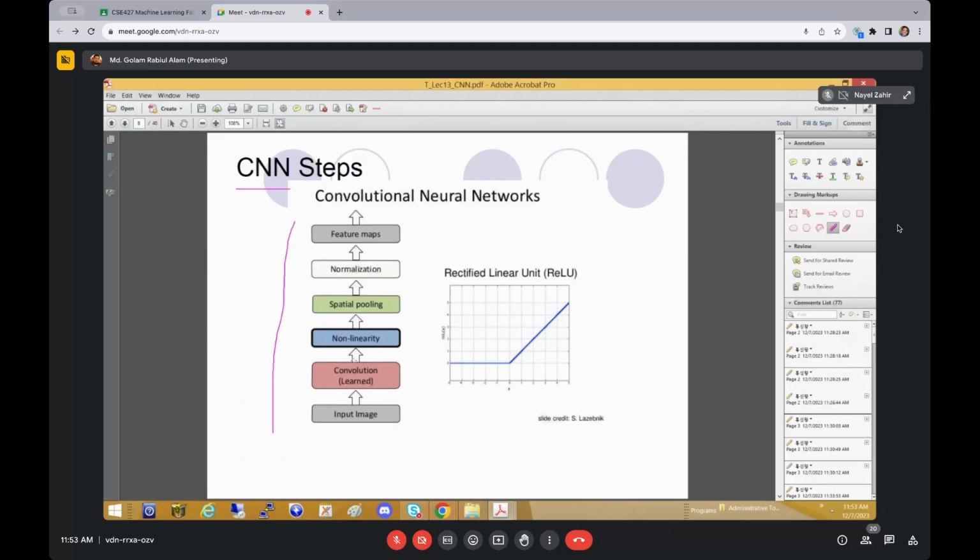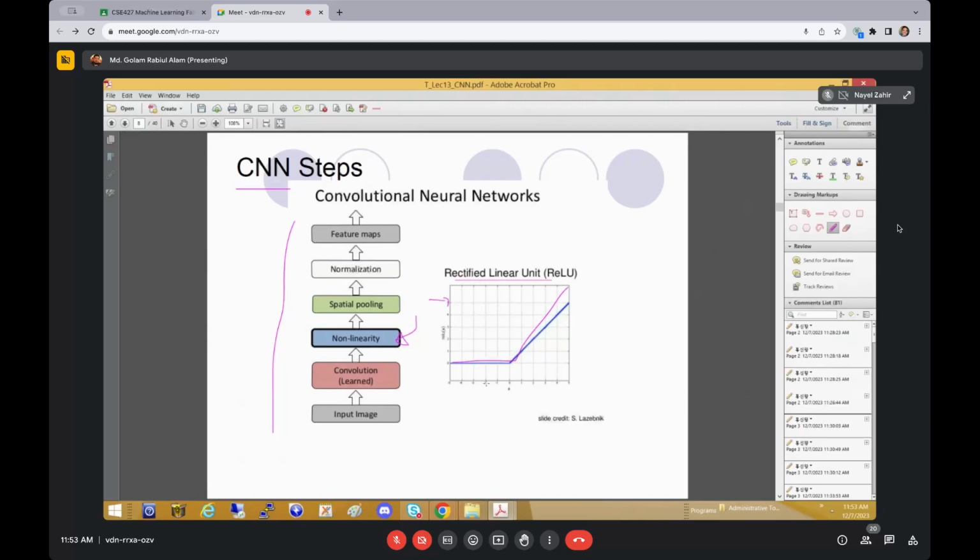One of the linear architectures is this: the input image, then apply the convolution, and then apply the non-linearity here. Non-linearity means that we need to use some form of activation function. The popularly used activation function in convolutional neural networks is the rectified linear unit.